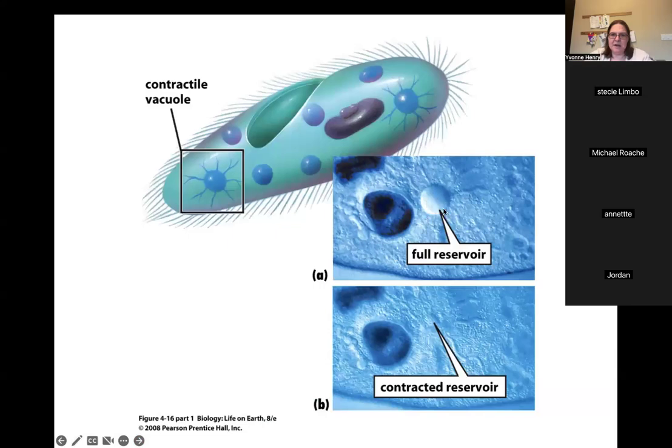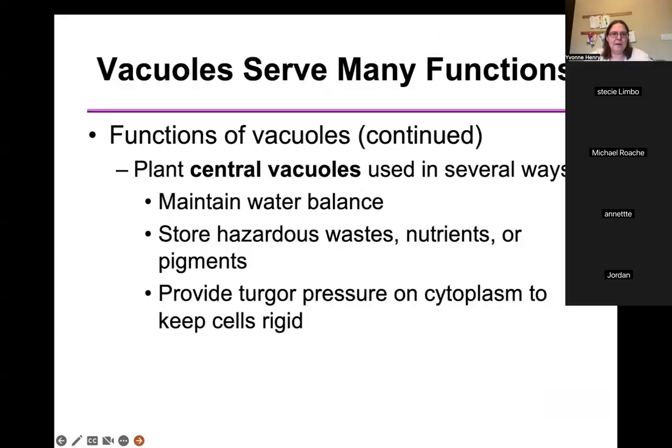So here is a contractile vacuole in a euglena, and it's full of water here, and the euglena will empty it by contracting the vacuole, and it's empty here. There's nothing in it, but now the euglena has moved. It's propelled itself through the water with that motion. Okay. We can also have plants have central vacuoles.